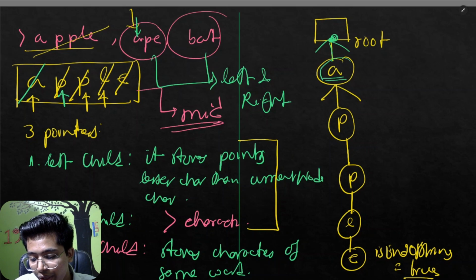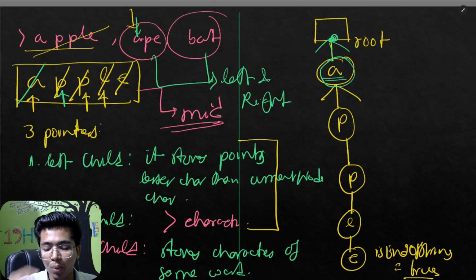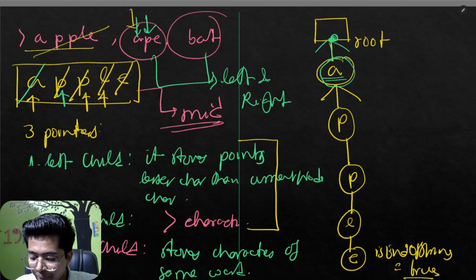But in the mid we have already got A, so we won't check any further. That means we are not inserting A, we are just ignoring it. Now our pointer comes to P. Again we check if there is P or not. Yes, there is P, so we will not check anymore.